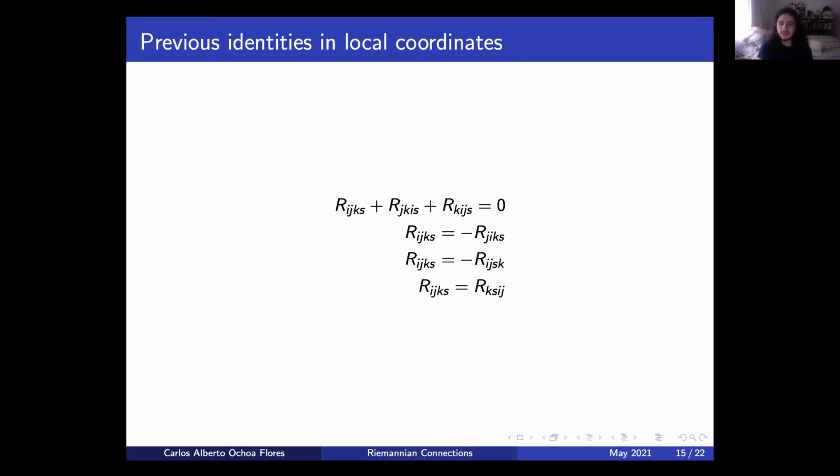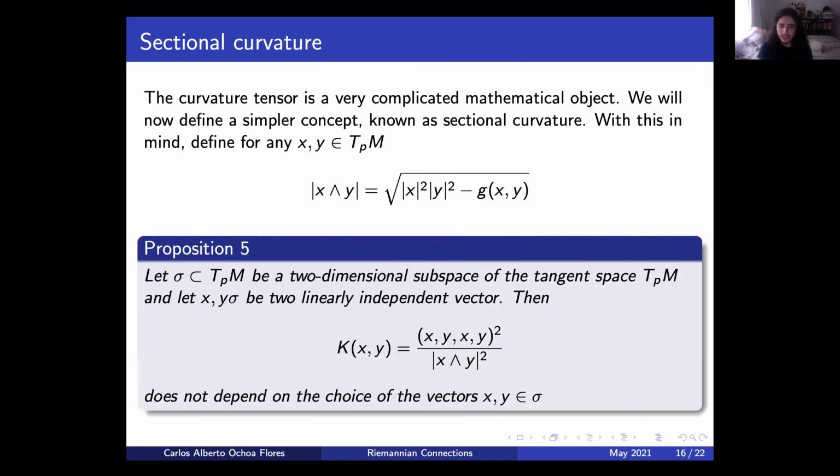And that's sectional curvature. As I mentioned, this was the original idea that Riemann had. He was trying to generalize Gaussian curvature to a manifold that first of all was not embedded in R3, and second of all was not necessarily of dimension 2, right? So it was not a surface.